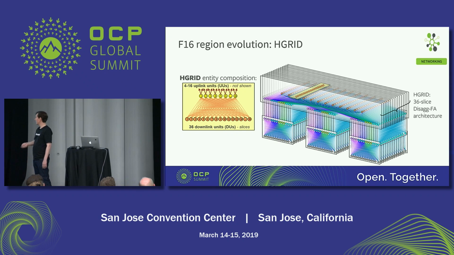So you can pretty much assume that for every row of these orange dots on the diagram, there is also a row of upstream units, and the size for them is variable depending on the connectivity requirements of a particular region.